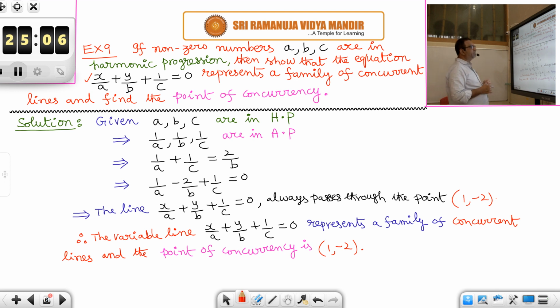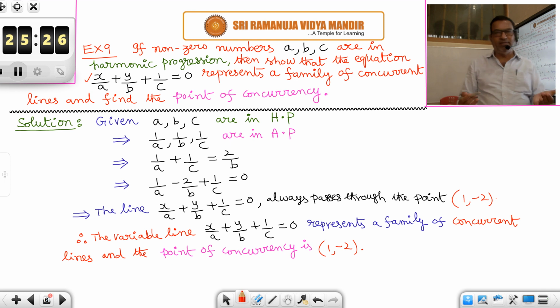If non-zero numbers A, B, C are in harmonic progression, then show that the equation x by A plus y by B plus 1 by C is equal to 0 represents again a family of concurrent lines, and find the point of concurrency.